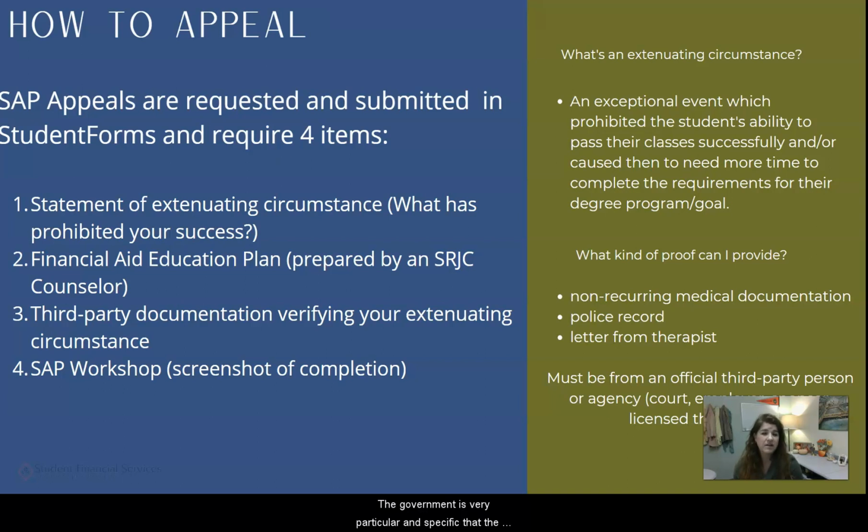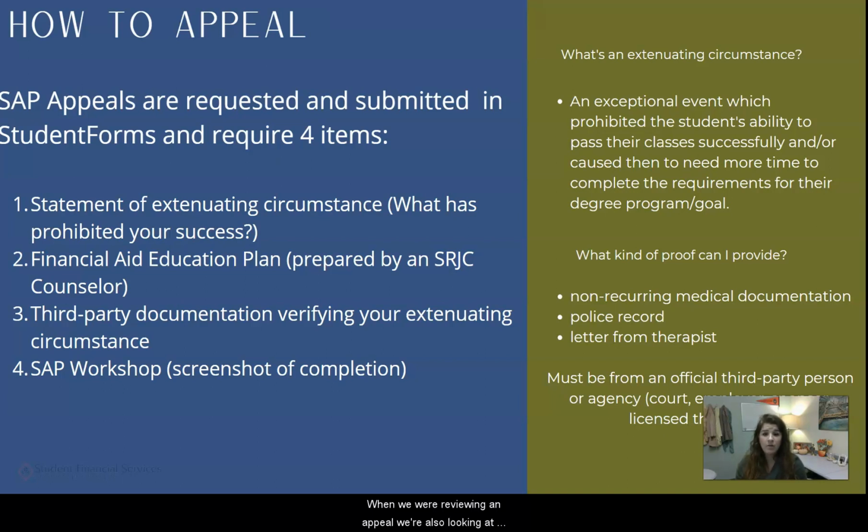The government's very particular and specific that the student needs to demonstrate an extenuating circumstance, something profound that has prohibited the student's success. You can see some examples to the right of the screen. And so it's in this statement where you're going to identify that for us. You're going to help us understand what was standing in your way and kept you from passing those classes, from earning those units, from finishing within the time frame.